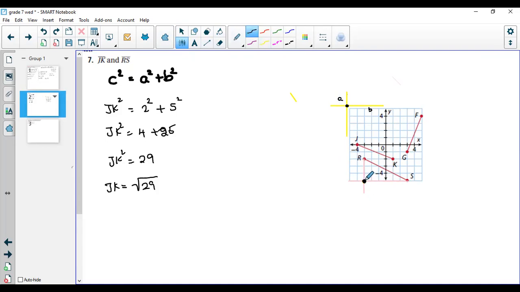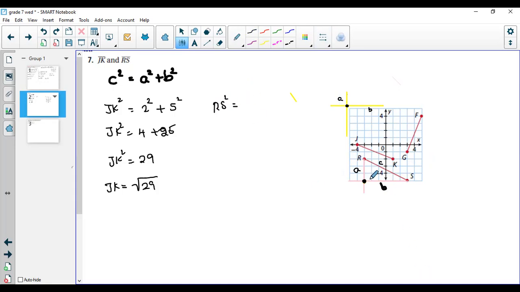Now first name the triangle. This is leg B and this is leg A. I already explained what legs are in a right triangle, and this is called the hypotenuse. So this is going to be C. So let's write down, we are finding the distance between RS, that means RS square.